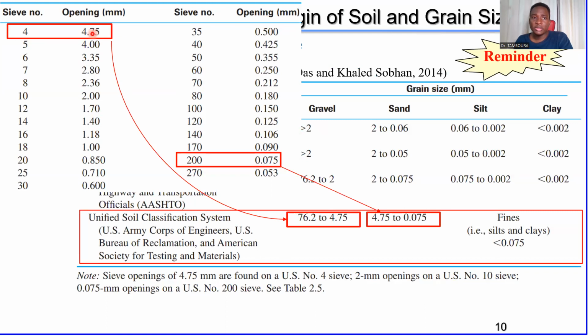Okay. If everything passes, if 100% passes, it means there is no gravel in the soil. So only the percentage that is retained on this sieve will be the percentage of gravel.